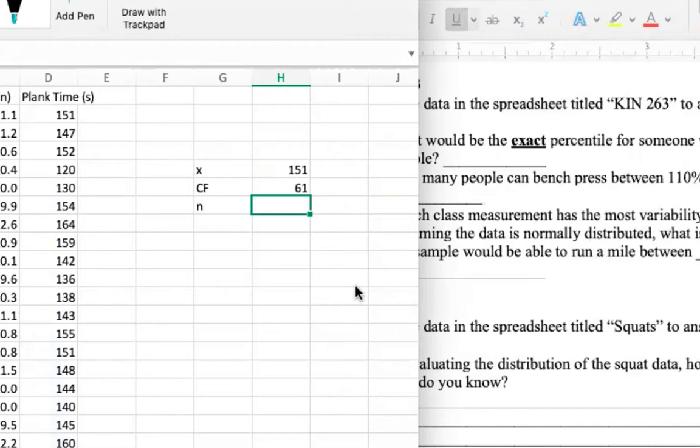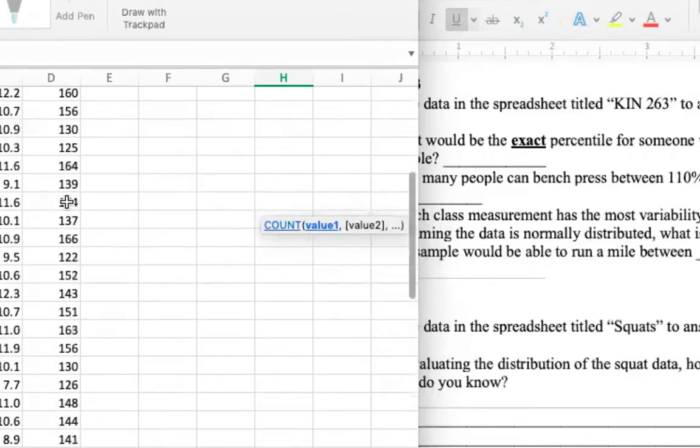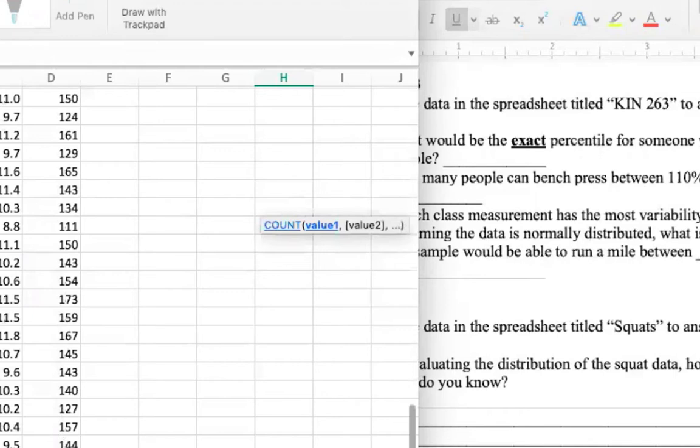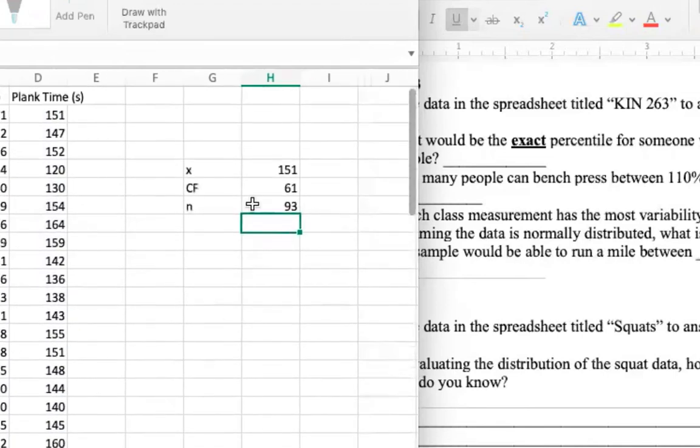So what do we do with this information now? Or actually, how many people do we have total? I skipped ahead, sorry. This one we can figure out using a count function. Okay, so we have 93 people, and we want the percentile. 151 divided by 93 times 100?